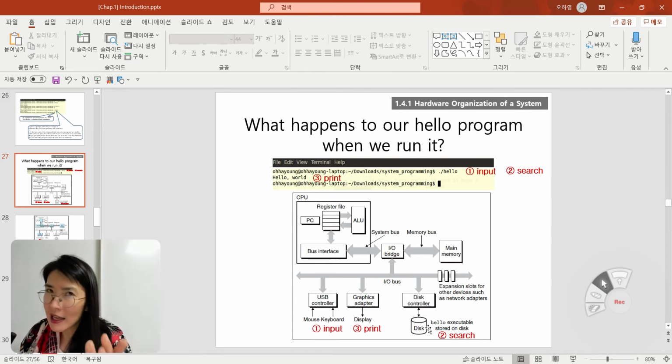And if the shell finds the hello execution file, it can print the proper result on your monitor, similar to the hello, world. So please memorize 3 steps: input, search, print.